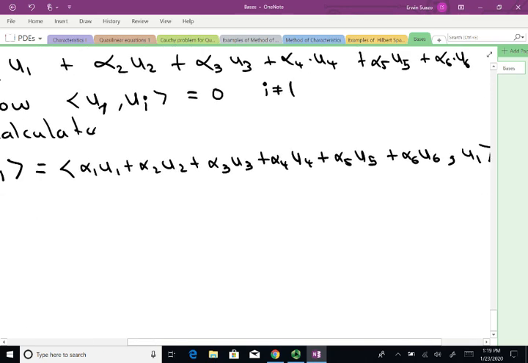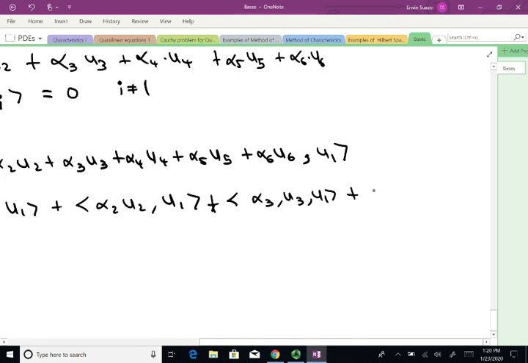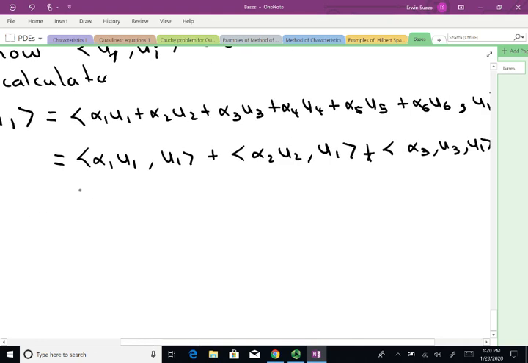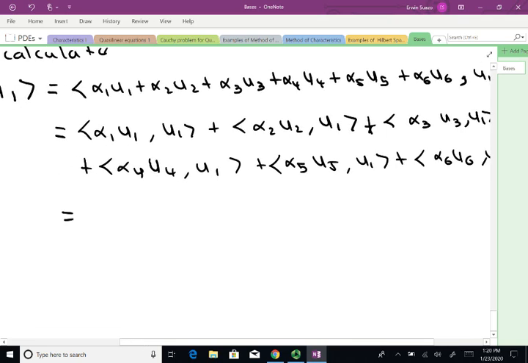By properties of inner product, I can express this as the inner product of alpha 1 u1 with u1, plus alpha 2 u2 with u1, plus alpha 3 u3 with u1, plus alpha 4 u4 with u1, plus alpha 5 u5 with u1, plus alpha 6 u6 with u1.